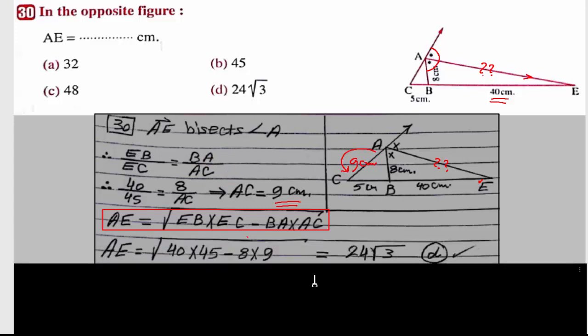And we substitute. EB equals 40 here, EC equals 45, minus BA equals 8, and AC, we deduced it, equals 9. Write it in the calculator.